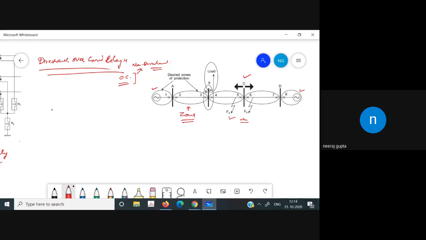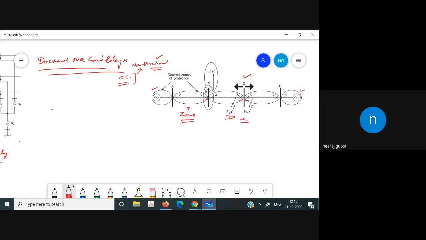As per the desired zones, because of the fault in this part, circuit breaker 4 and circuit breaker 5 should trip. But if we analyze the case where the non-directional overcurrent relay is used, then circuit breakers 3, 4, 5, and 6 will trip, which is not desired.